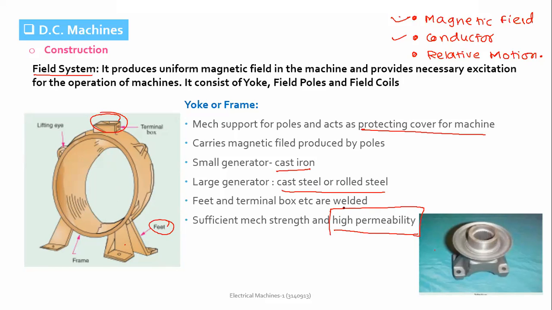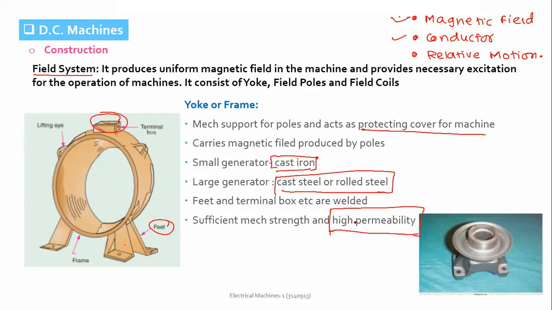Permeability is the property by which a material can easily allow a magnetic field to pass through. That is what is called the permeability. That is why for small machines we make the yoke or frame from cast iron, and for large machines from cast steel or rolled steel, which in fact have high permeability.